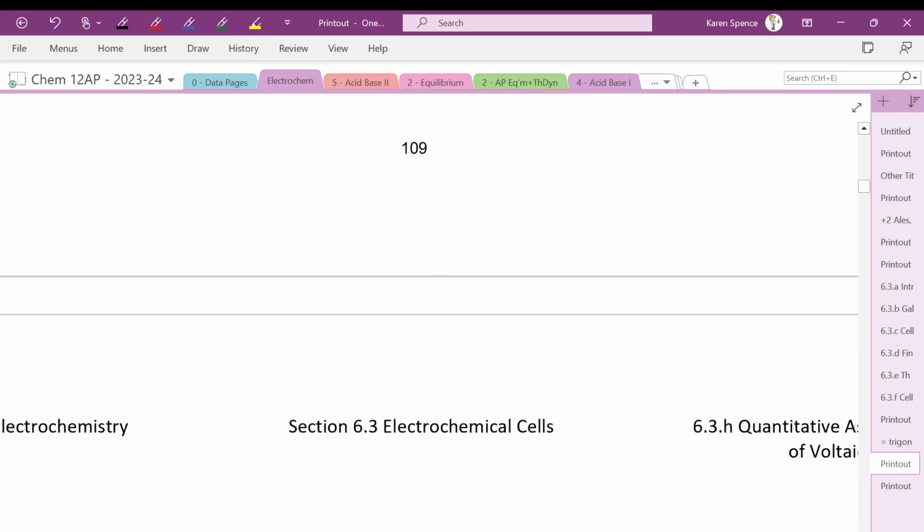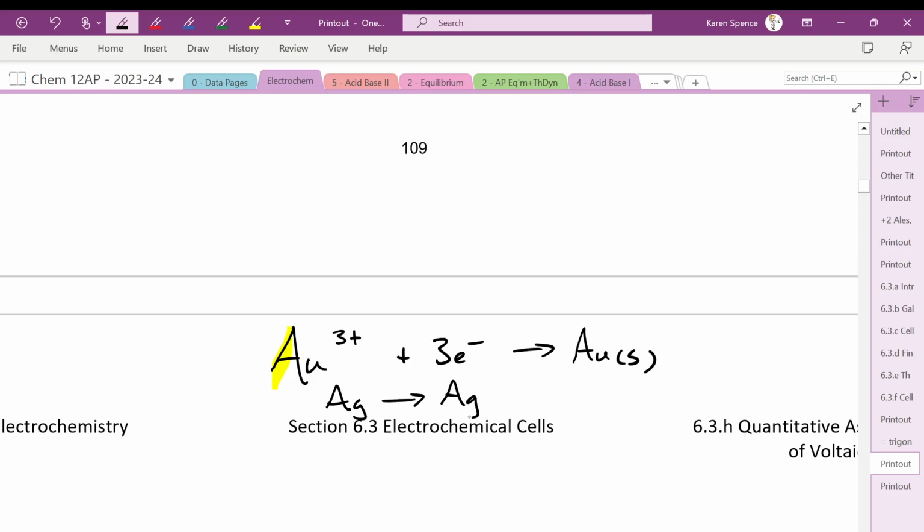Yeah, but if you use gold, whoops. Whereas if we have silver, only 1 electron reacts for every 1 silver.